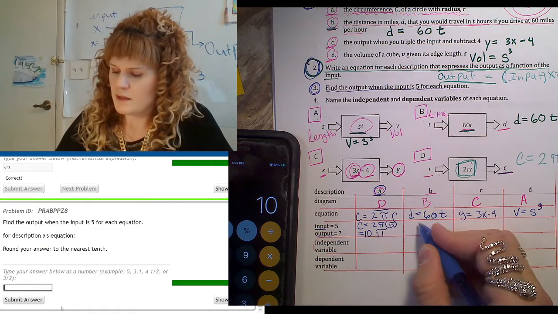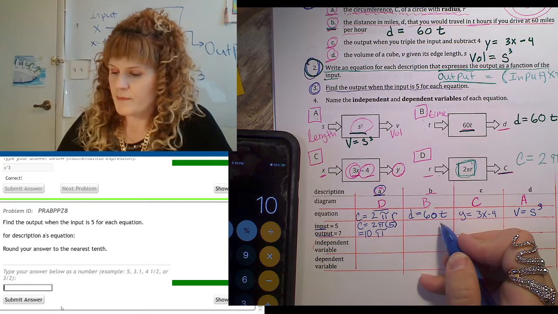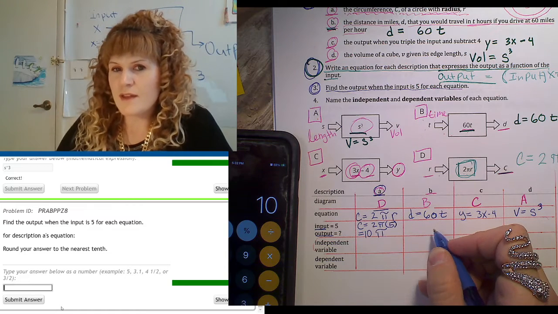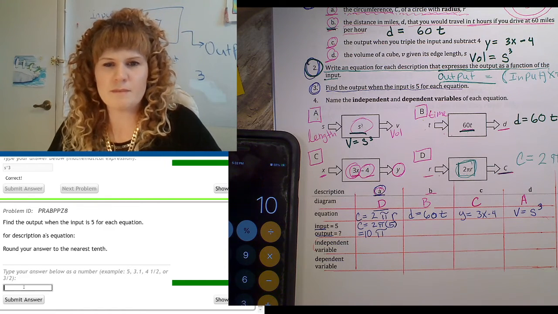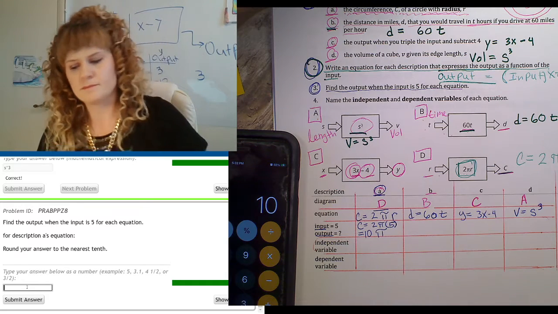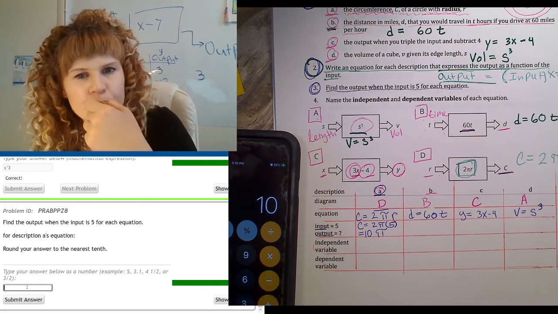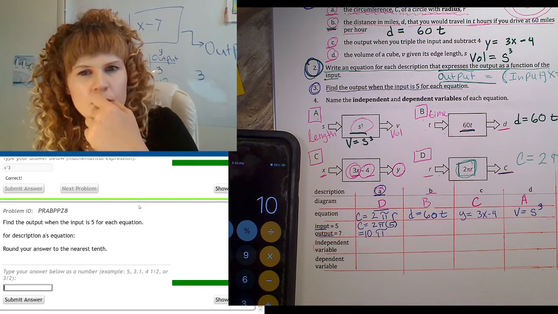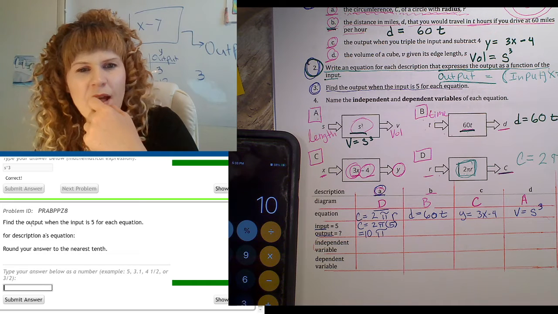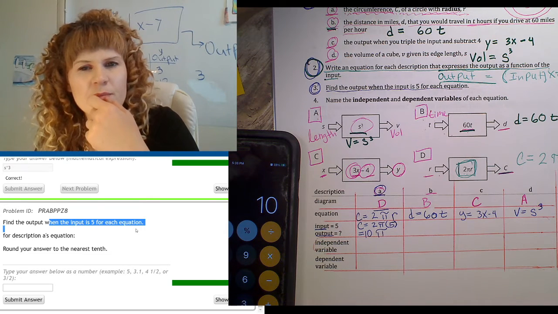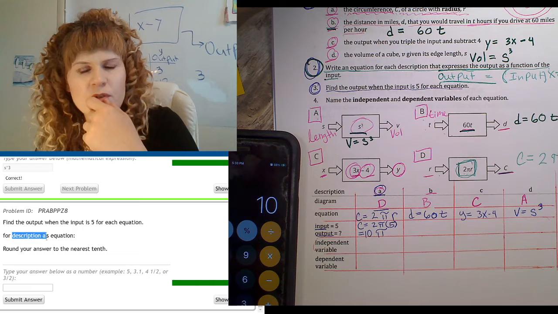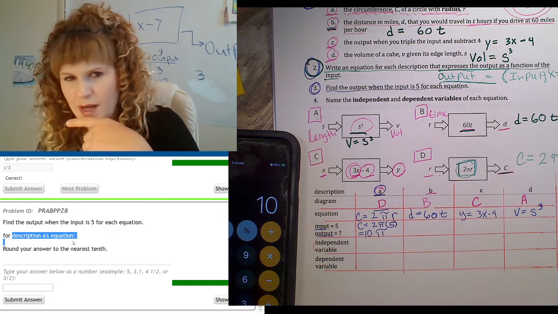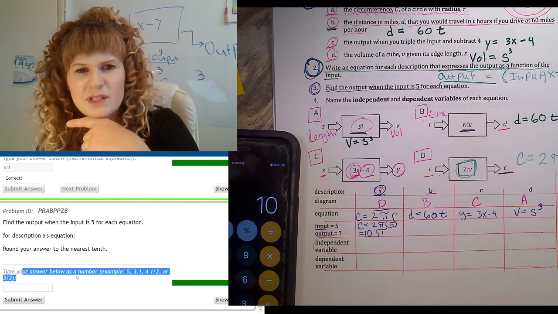Okay. For B, if you've been driving, oh, I'm sorry, I forgot to submit my answer. It says find the output when the input is 5 for each equation for description A's equation. Okay, so I was going to use pi, but look at the directions.